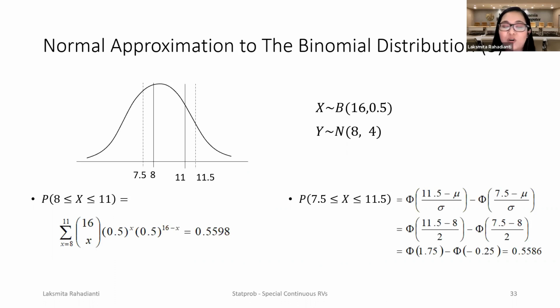I could use the binomial information, or I could also use the normal approximation. Note here that instead of 8 and 11, I need the correction terms, right? Since in this case it is equals on both ends, I need to go a little bit left to 7.5, and a little bit right to 11.5 to account for this correction term. As you can see, it's not an exact computation. It's not going to give you an exact one, but it is a good approximation.